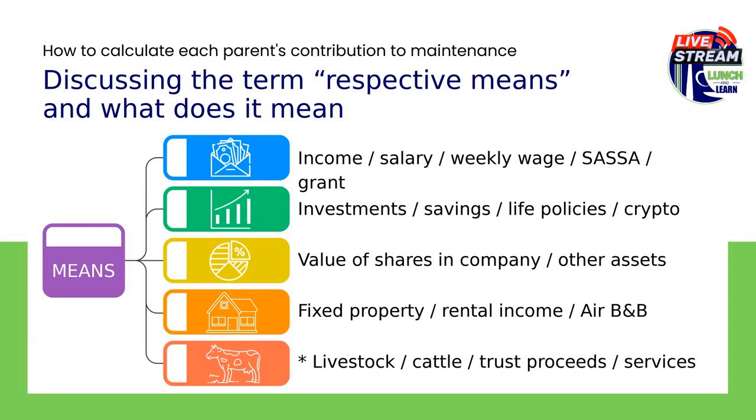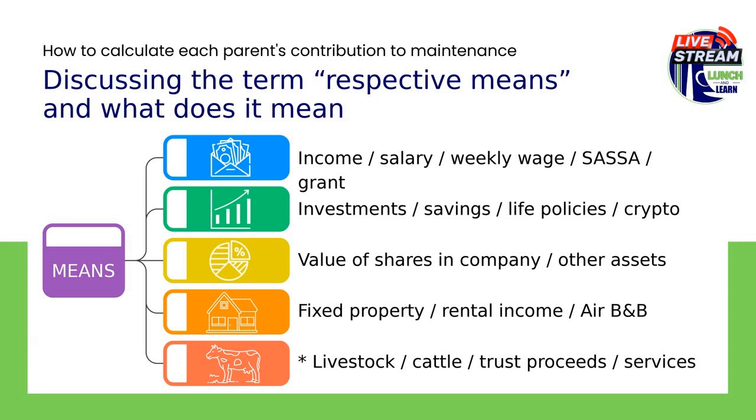First of all, we look at the income, the salary, or the weekly wage. That might also be inclusive of a SASSA grant or children's grant. So that would all be income derived from a certain source. It might come from the employer, from the government, from a pension. Those are all considered to be means in the form of income.